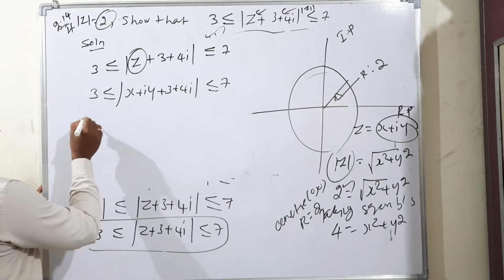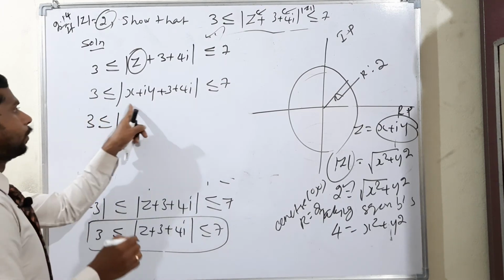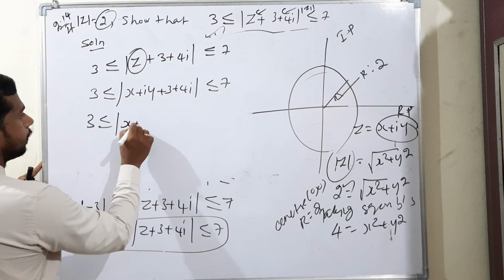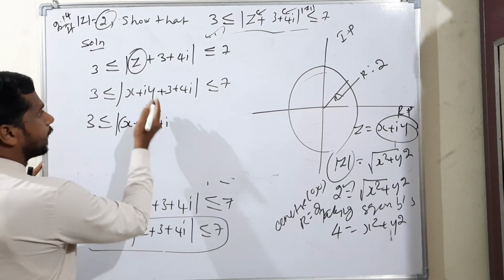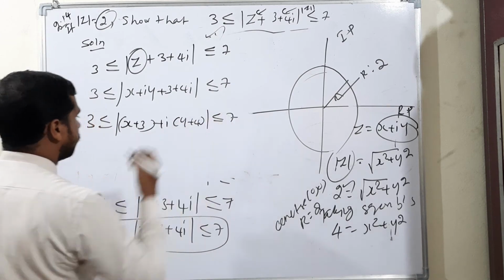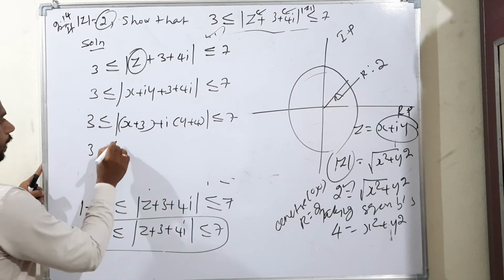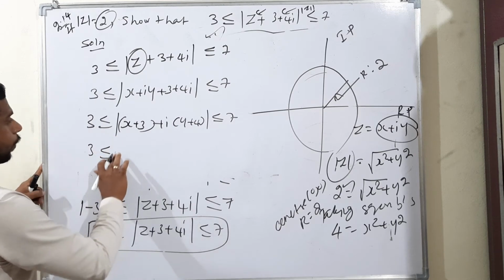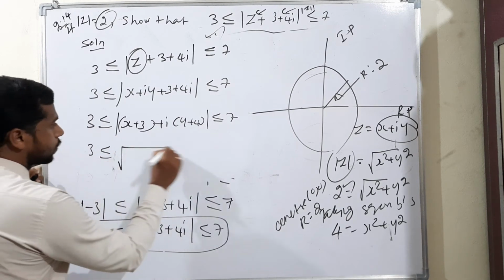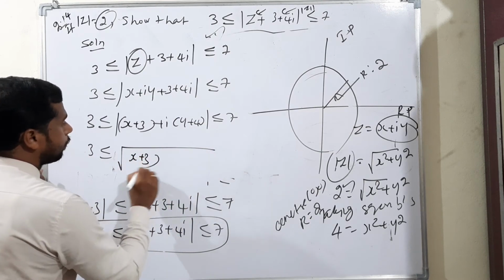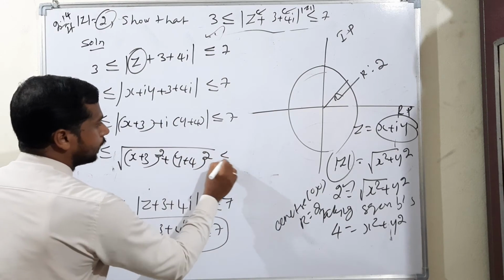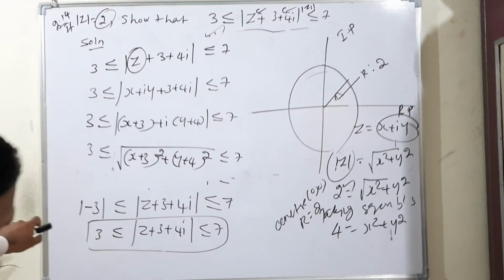Grouping real and imaginary parts, first x plus 3, then taking i common, y plus 4, less than or equal to 7. If you remove the modulus, as I have discussed in many questions, it is the square root of x plus 3 the whole square plus y plus 4 the whole square, less than or equal to 7.